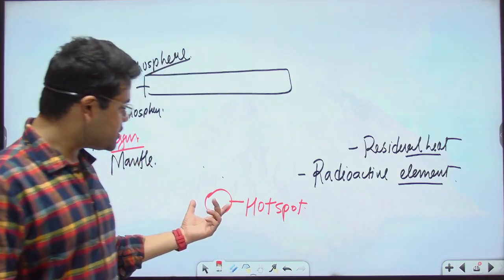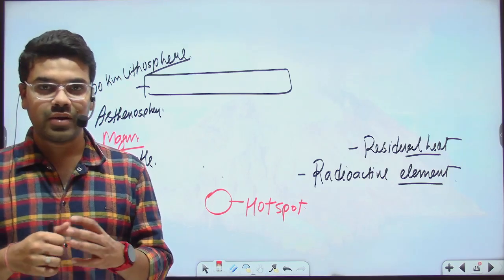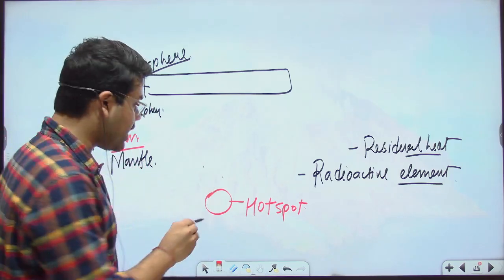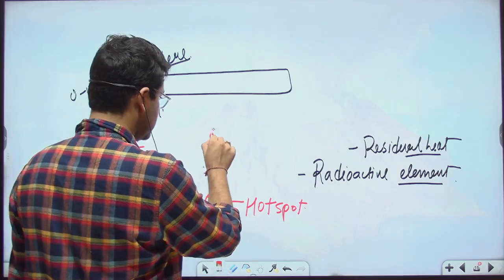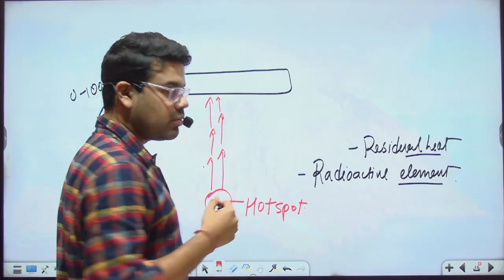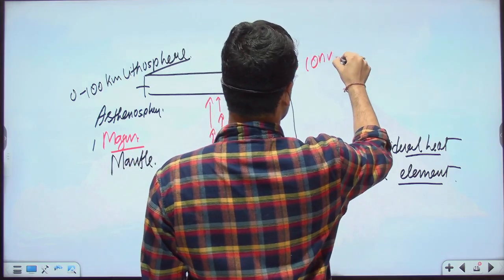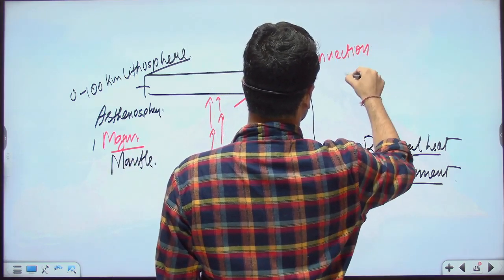And since this part of the mantle gets heated up very vibrantly, it pushes the magma towards the surface. A strong magma current moves towards the surface. We call it a convection current.